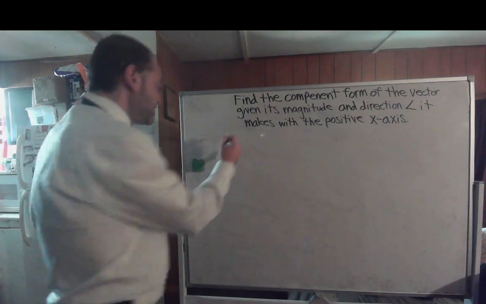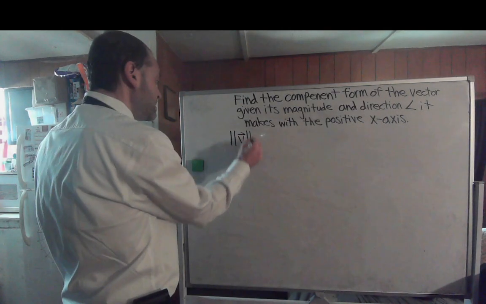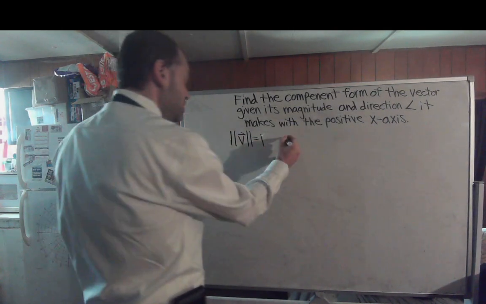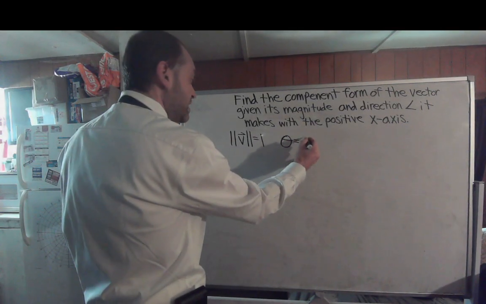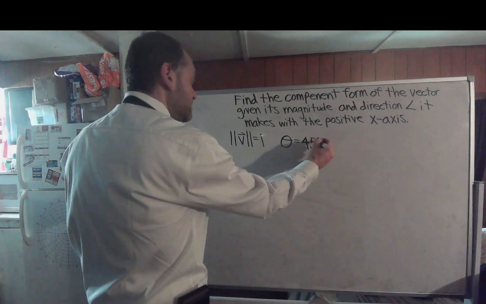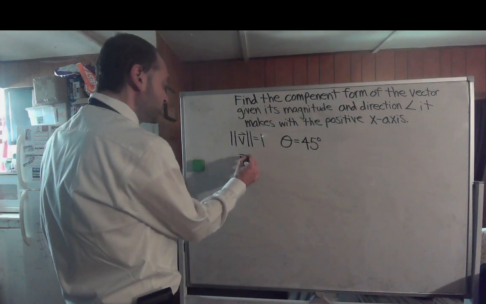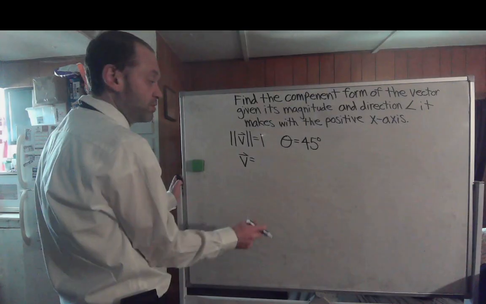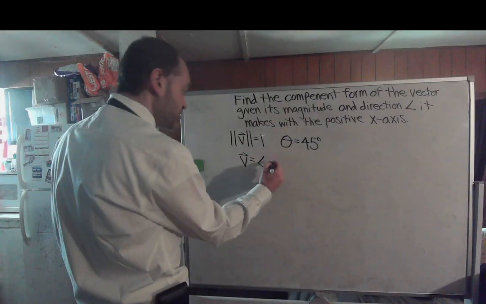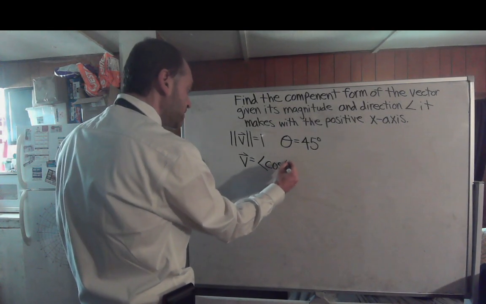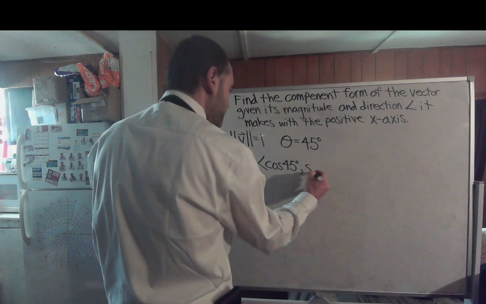All right, we got the magnitude of vector v in this case is equal to 1. We got that the direction angle is 45 degrees. So vector v is going to be equal to that scalar multiple of 1, which, 1 times anything is itself. So we can go straight to figuring out the cosine of 45 degrees and the sine of 45 degrees.